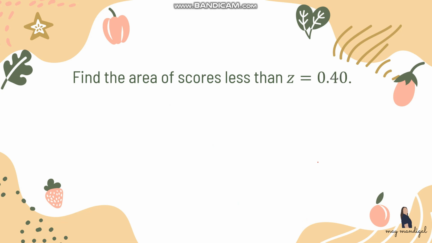Next, let's find the area of the scores less than the z-score of 0.40. So like what we did a while ago, let's draw again the normal curve, just for us to visualize what is happening and what side we are going to identify or look for the area. So this is 0.40.